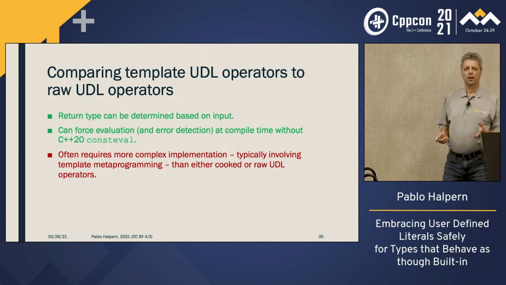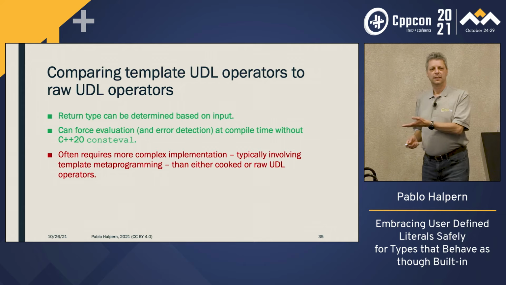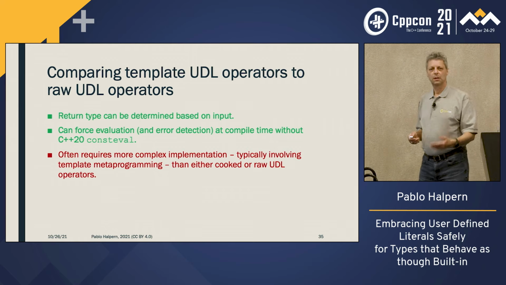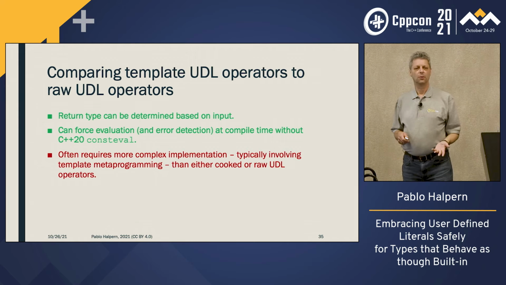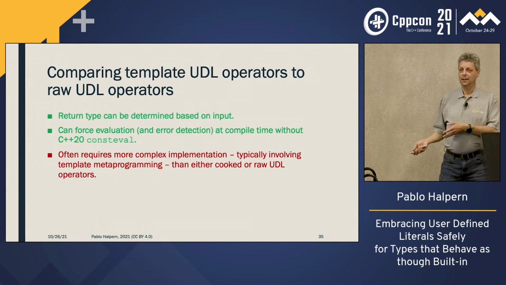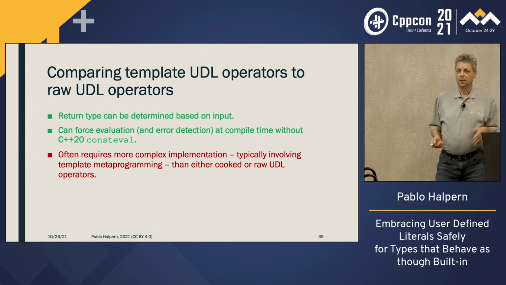So compared to the raw UDLs, we have the ability to change our return type based on the content. We have the ability to force compile time evaluation even before C++20 consteval. But on the flip side, it's quite a bit harder to do.